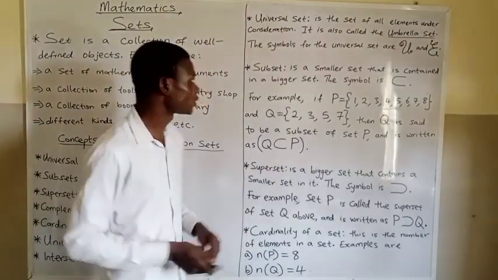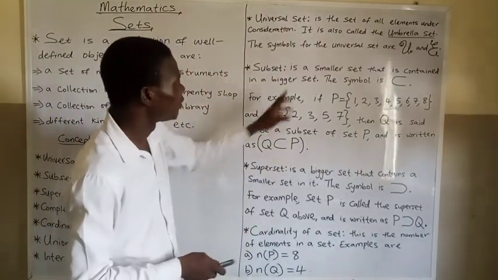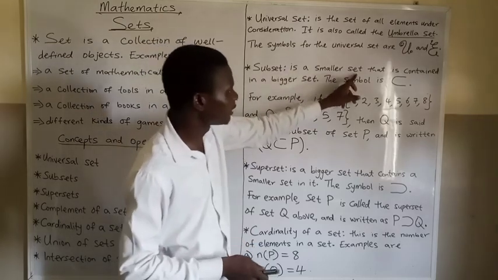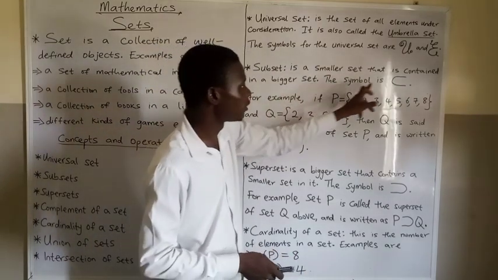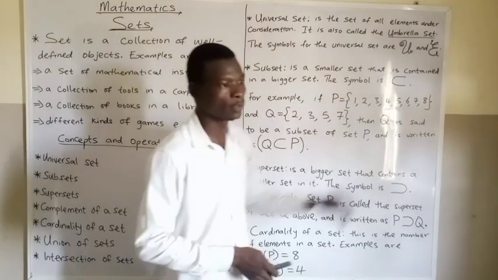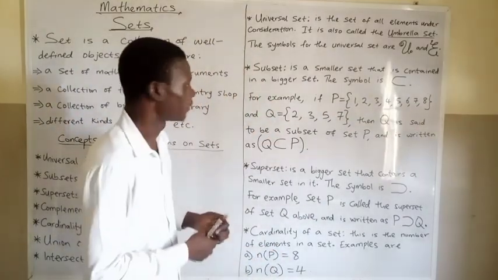Thank you. So the next one is the subset. The subset is a smaller set that is contained in a bigger set. The symbol is this. This example will explain it better.